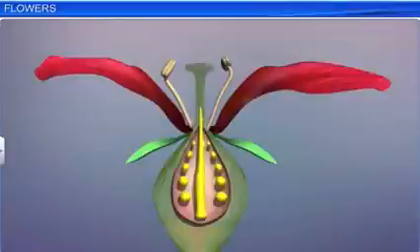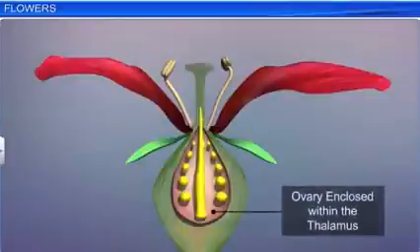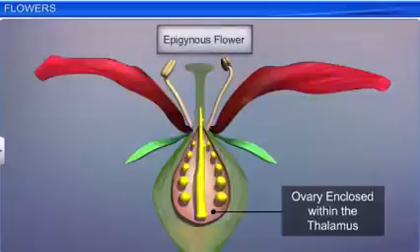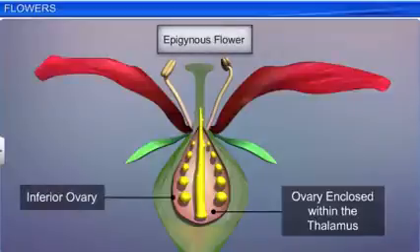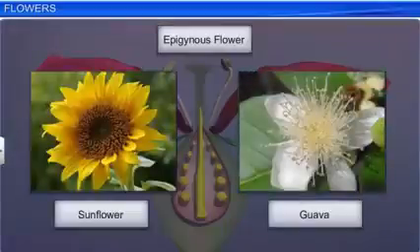However, in some flowers, the ovary is completely enclosed within the thalamus and is fused with it, while all the other parts appear above the ovary. Such flowers are called epigynous, and their ovary is said to be inferior. Sunflower and guava are epigynous flowers.